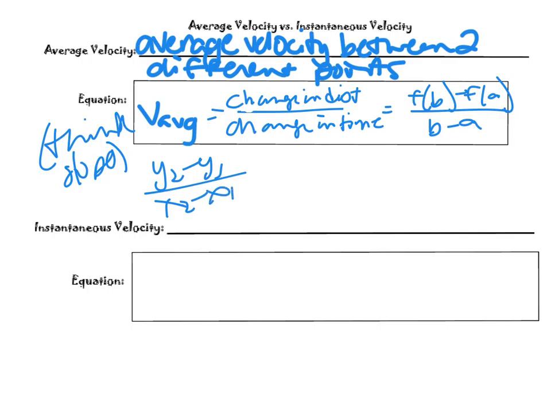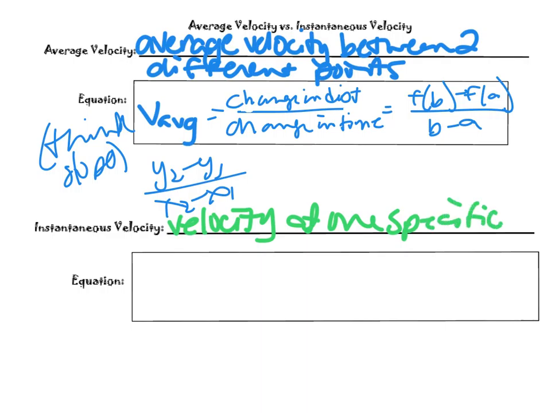Okay. Instantaneous velocity, on the other hand, is the velocity at one specific point in time. So I don't want to know what's changed from one point to another. I basically want to know how fast am I going at a specific point in time.